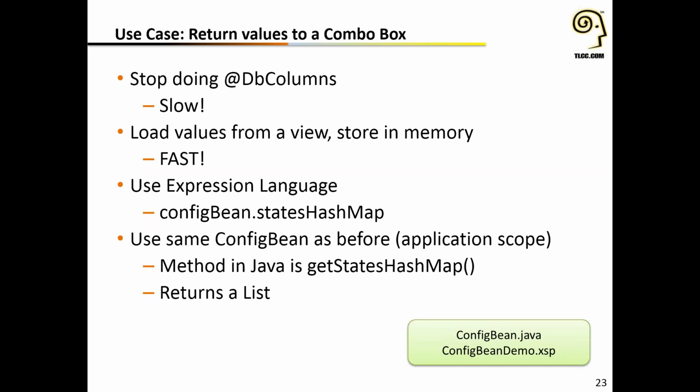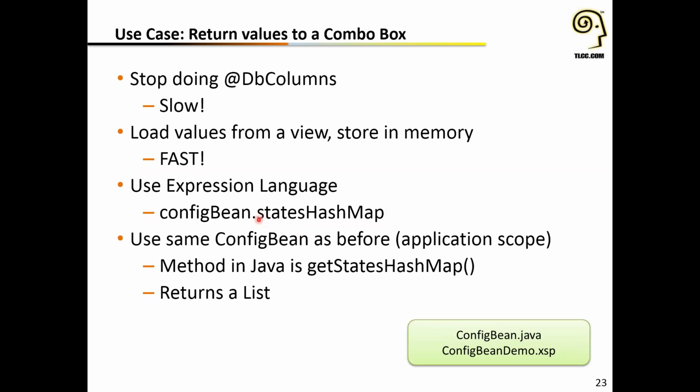The other benefit is on our XPage, we can just refer to that information with the expression language. The expression language is an alternative to server-side JavaScript that's much faster than server-side JavaScript. So in our beans, instead of saying this particular bean, we might have getStatesHashMap with parentheses. That's calling our method.